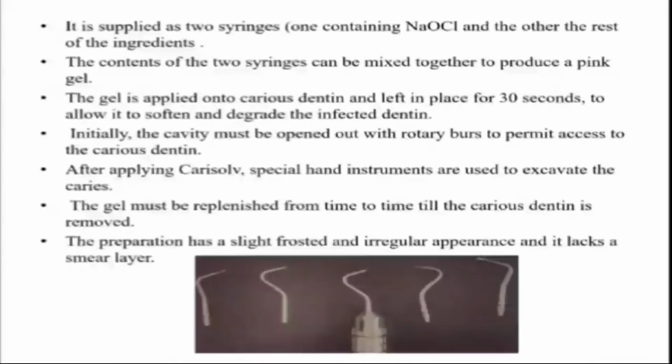This sensor is attached to the computer, which interprets the signal and transforms it into a digital image. The image is instantly displayed and visualized on the computer, and after that the image is stored and can be recalled whenever required. This is RVG. The advantages here are that X-ray film is not used, there is no distortion, and the image is clear. The disadvantage is that it is expensive.